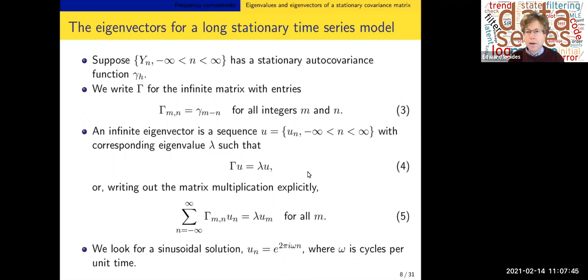And based on the numerical exploration we did for the AR1 model, we're going to look for a sinusoidal solution. un is e to the 2 pi i omega n.